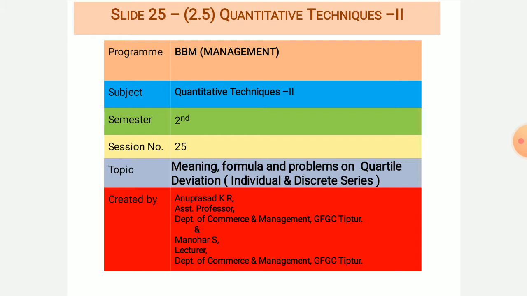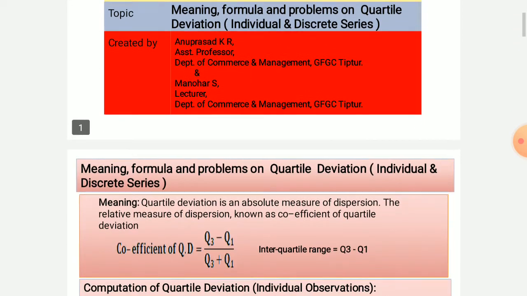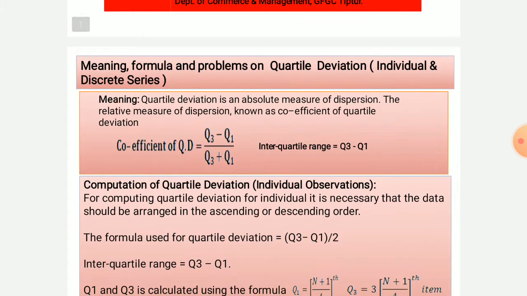Quartile deviation is also called the semi interquartile range, and it is one of the most important methods of studying dispersion. The average of the difference of the upper quartile and lower quartile is called the semi interquartile range or quartile deviation.